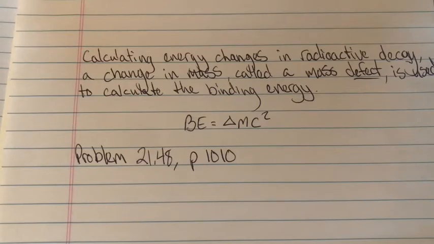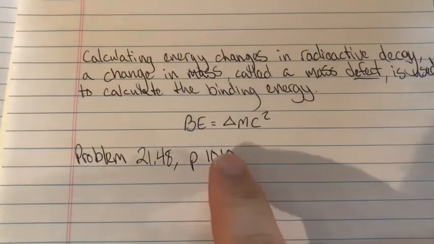So sum all those up and see what kind of difference you get with respect to an actual atom of fluorine, which is going to be 2.98915 times 10 to the minus 26 kilograms. So see what kind of difference you come up with and figure out what the binding energy is from that.